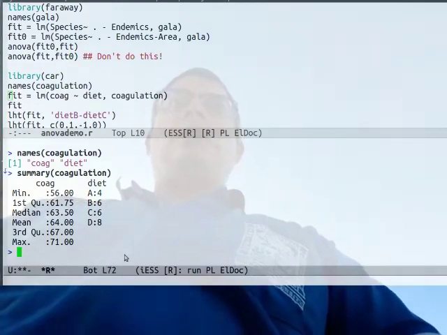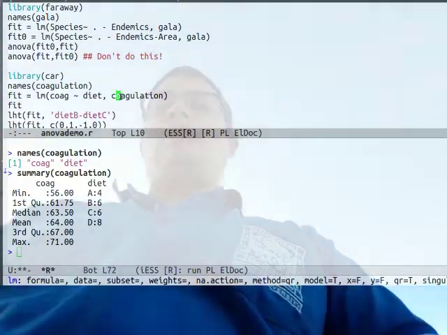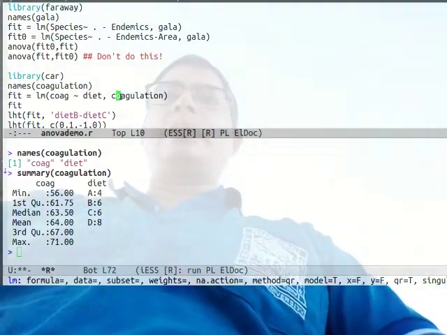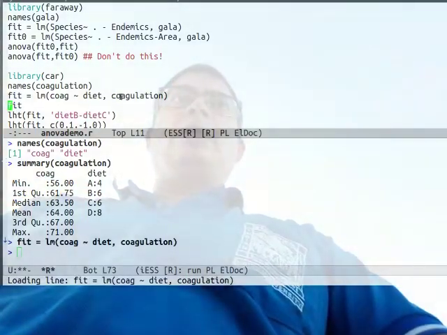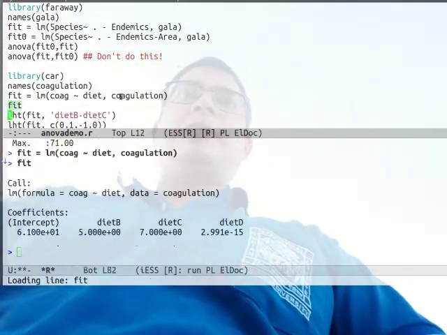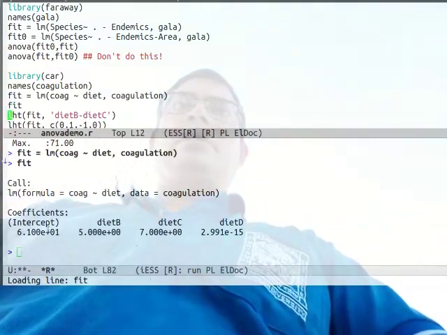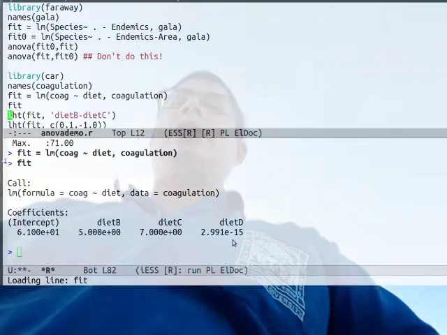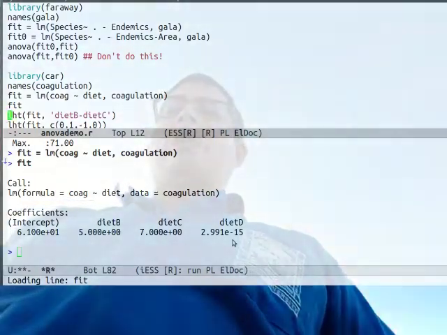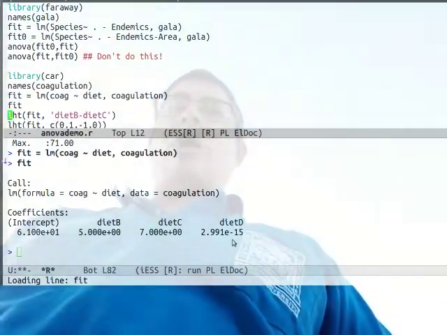So now suppose I fit this model, so it's a one-way ANOVA model, pretty simple stuff. I get this. Now I will just take a look at whatever is my fitted thing. I see that I have the intercept and diet B, diet C, diet D. So the model is actually mu plus alpha_i plus epsilon_ij, and there are 4 alphas.